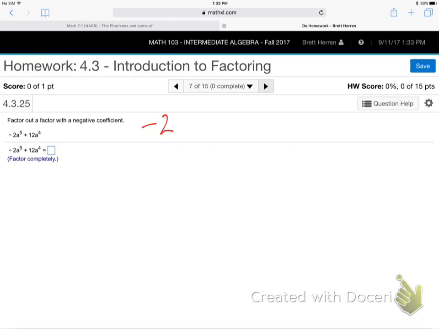So minus 2a to the 5th plus 12a to the 4th. So same thing. It's got a minus in the front, doesn't it? That's a 5 up there.